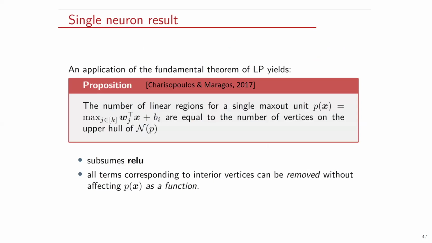Well, one useful result for a single neuron is the following proposition: the number of linear regions for a single maxout unit, again, a maxout unit is for us a max plus polynomial, is equal to the number of vertices on the upper half of the Newton polytope. So that's where now the geometry comes in, where the Newton polytope with its upper hull essentially controls the number of linear regions.